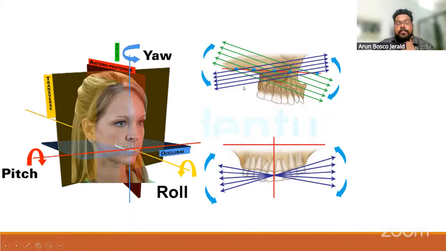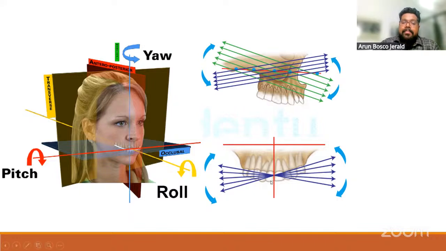The first one was pitch, in which the axis is transverse and the rotation happens in the sagittal plane. Just imagine a line passing through your external auditory meati. That is a transverse axis. Now imagine the opening and closing of your mandible. It is happening in the sagittal plane. So that is about pitch.